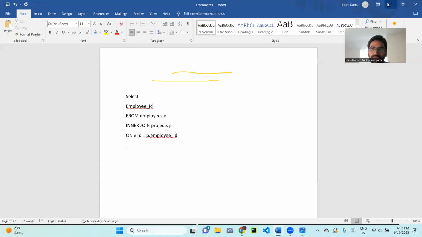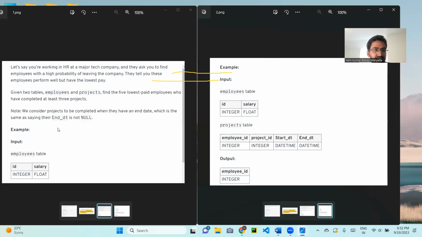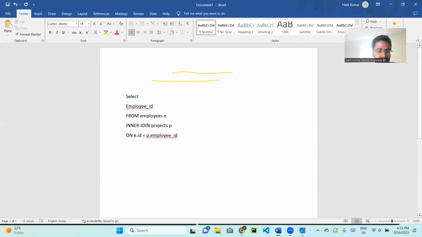So let us try to answer both the conditions. Given two tables, employees and projects, find five lowest paid employees who have completed at least three projects. We are trying to group by E dot ID, using a HAVING condition also.